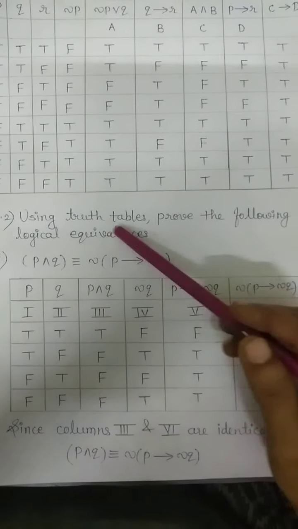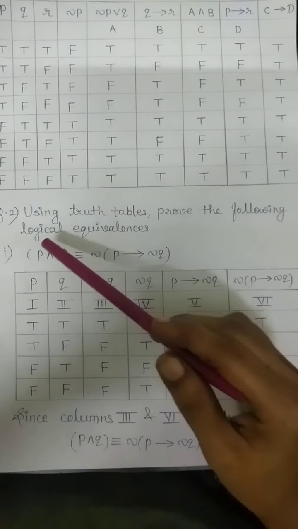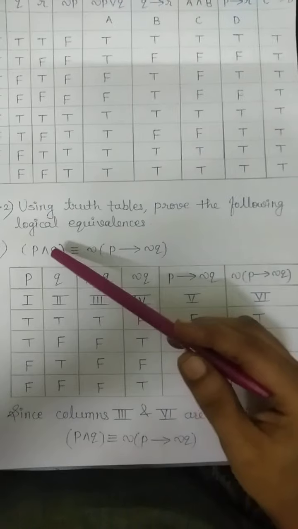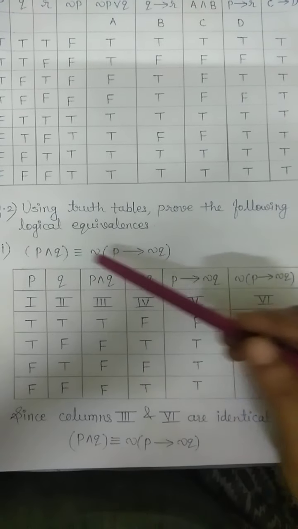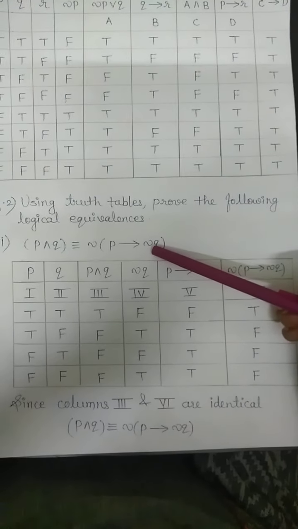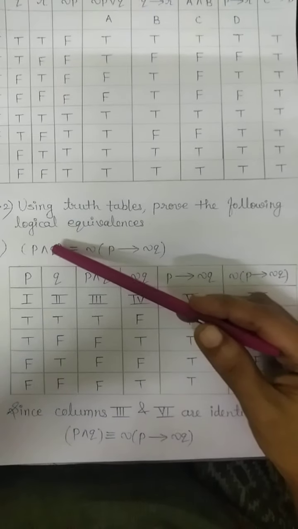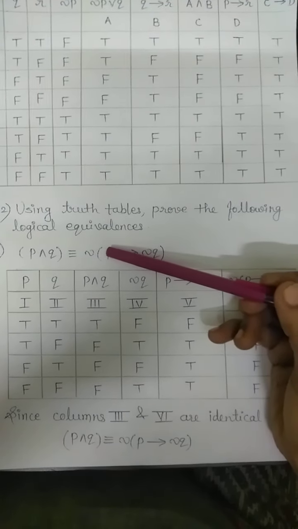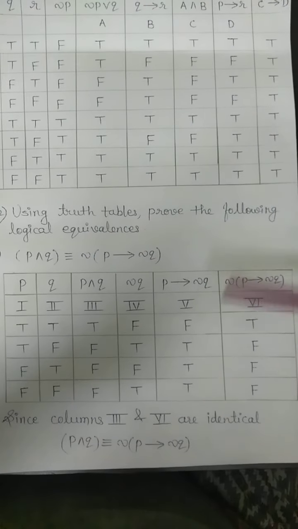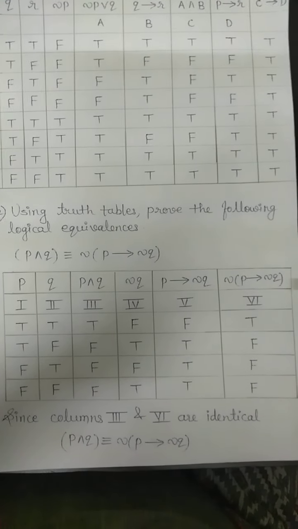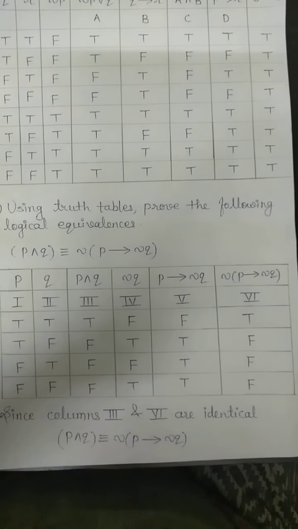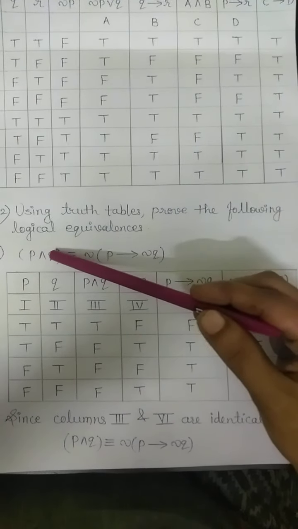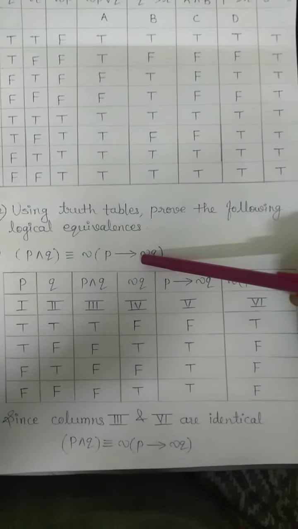Now, using a truth table, prove the following logical equivalence. Here both statements are given, and we have two options. We can prepare two separate truth tables for both statements, and if the last columns of both are the same or identical, we can say these two statements are logically equivalent.